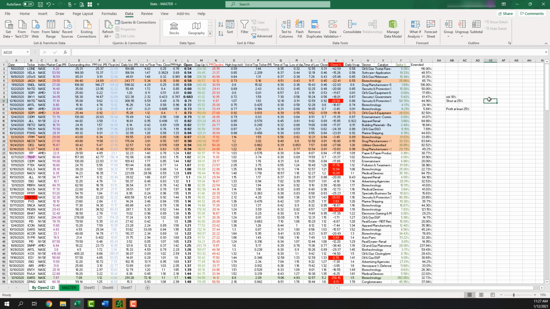So if you do this particular pattern over and over again, you're going to be risking 10%. Say you're shorting with $1,000. You're risking $100.